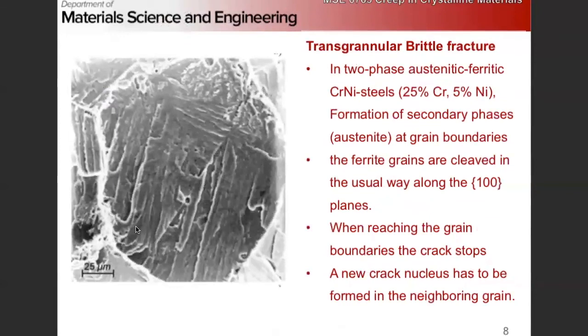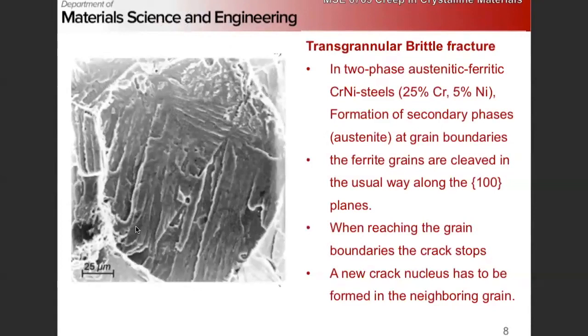So other cases come about. In this case, again, this is an austenitic ferritic steel, chromium nickel steels. And depending on the heat treatment, you get BCC ferrite grains with austenite at the grain boundary, right?